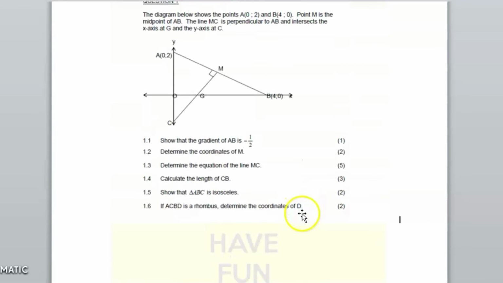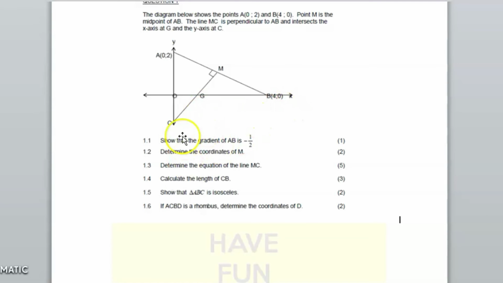The next question, show that ABC is an isosceles triangle. This triangle can only be an isosceles if line AC is equal to line CB. If two sides are equal, then that triangle is an isosceles.